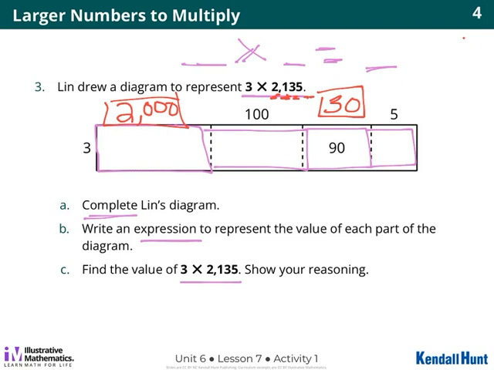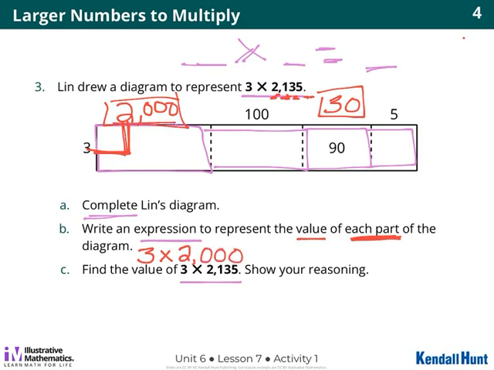Then it says write an expression to represent the value of each part. So that is where you're going to say, what expression would you do for this section? Emma. This section. 3 times 2? Or sorry, 3 times 2,000.